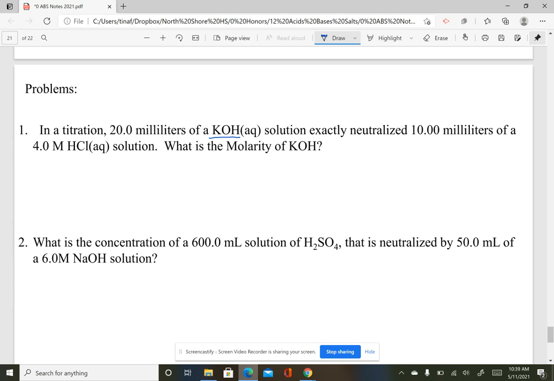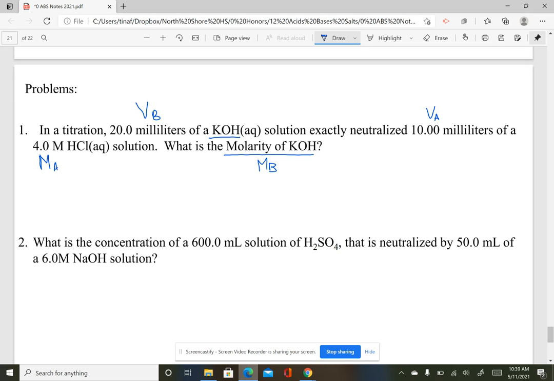KOH is a base, so 20 milliliters is the volume of the base. And it's exactly neutralized by 10 milliliters of 4 molar HCl. HCl is my acid, so 4 molar is the molarity of the acid, and 10 milliliters is the volume of the acid. And I'm finding the molarity of the base. That's what I don't know.